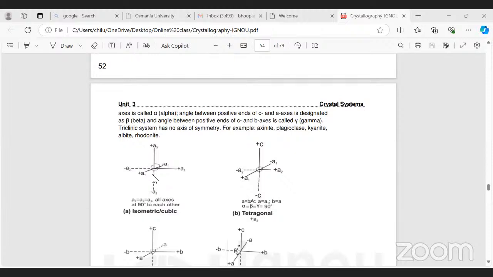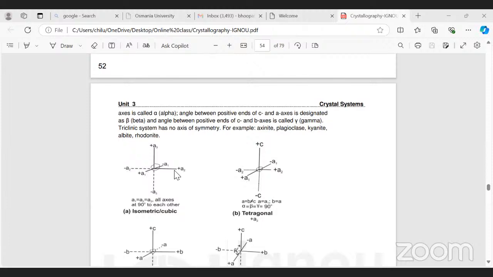A1, A2, and A3, and each axis intersects the others at 90 degrees. So alpha is equal to beta is equal to gamma is equal to 90 degrees.